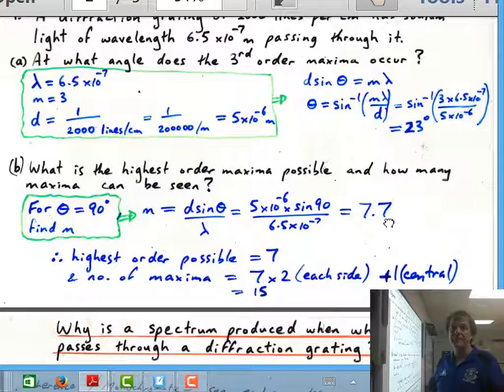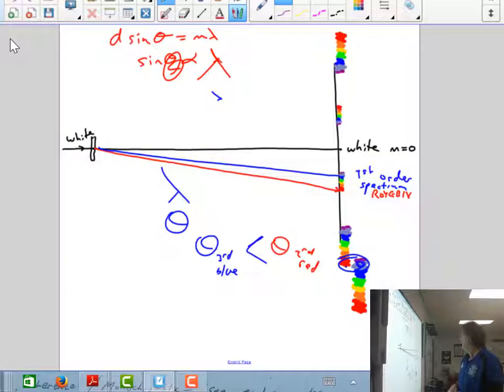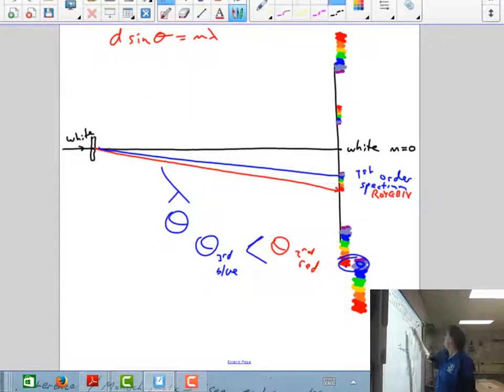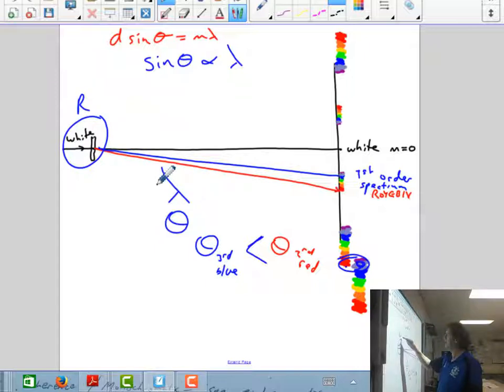Okay. Now what happens if you put white light through there? You've got to remember that the sine of theta is proportional to the wavelength. And for white light, we've got a whole range of wavelengths from red all the way down to violet, starting with the big one and going down to the very small one.